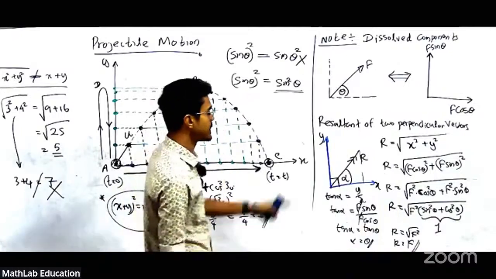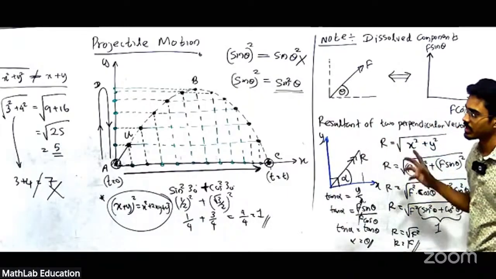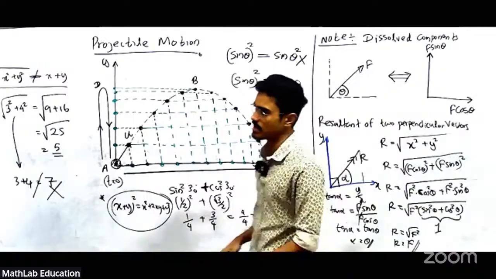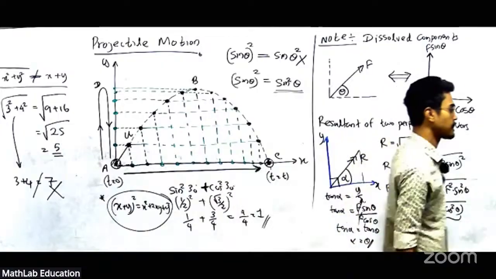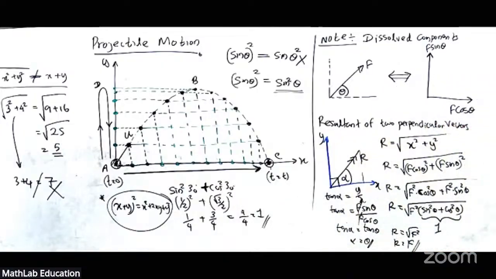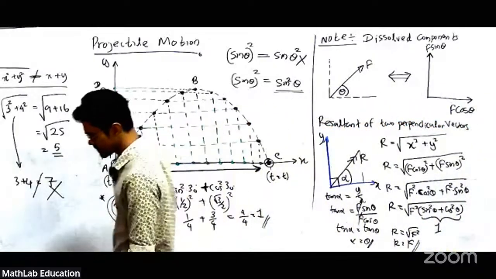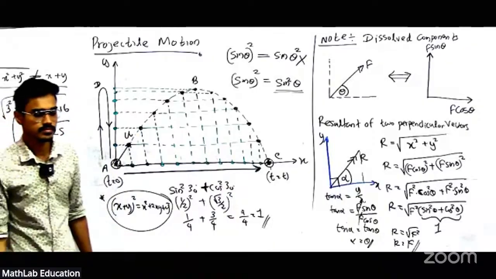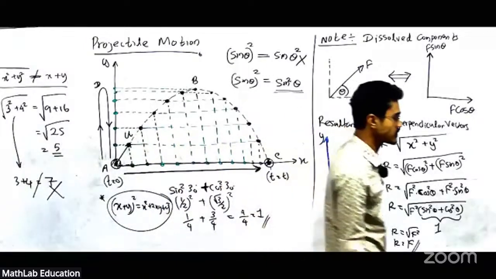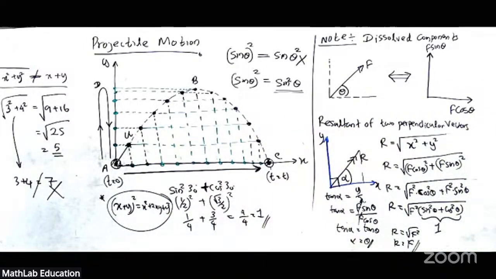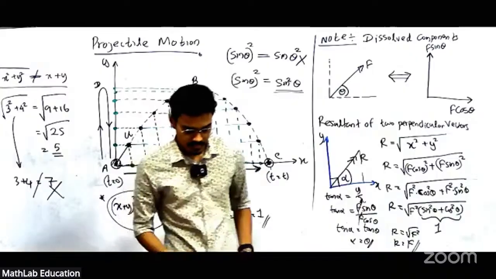To understand this better, I'll give you an example with numbers. This is the concept here. Just wait a minute. We'll do an example with numbers. Students on YouTube, what about you? Is it clear?